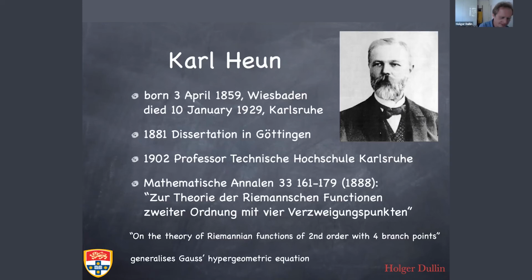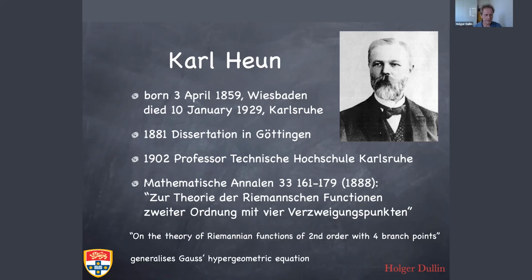Heun is not very well known, I would say, so I thought I'll give you a little bit of background. He lived from 1859 to 1929 in Germany and did his dissertation in mathematical physics in Göttingen in 1881 and became professor of the newly created technical university in Karlsruhe in 1902.